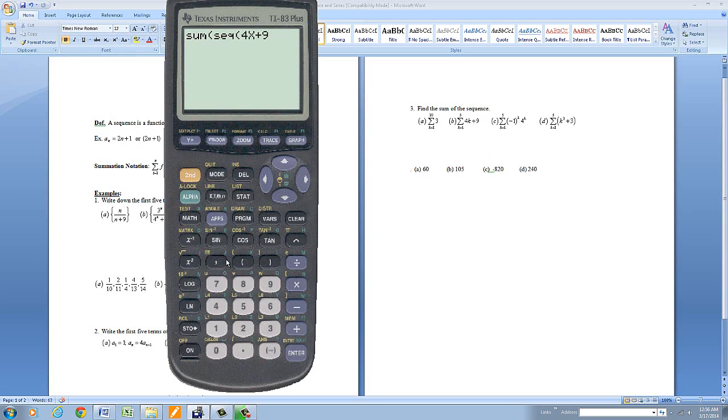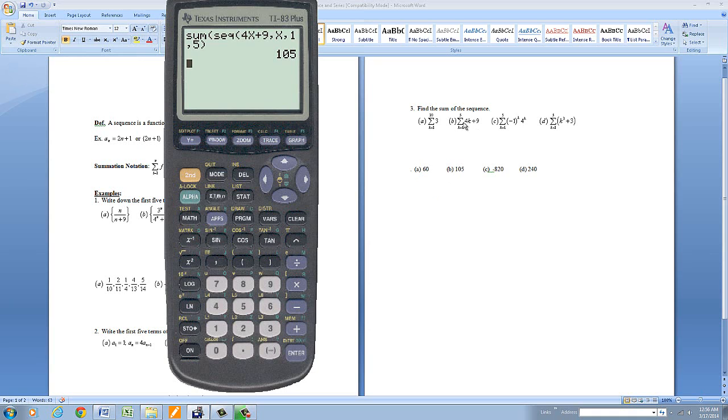Okay, and then I'm going to say comma, and then enter the variable x, and then comma, and then I want the range from 1 to 5. So 1, comma, 5. Close parentheses, hit enter, and I get 105. Okay, so that's what we got a while ago.